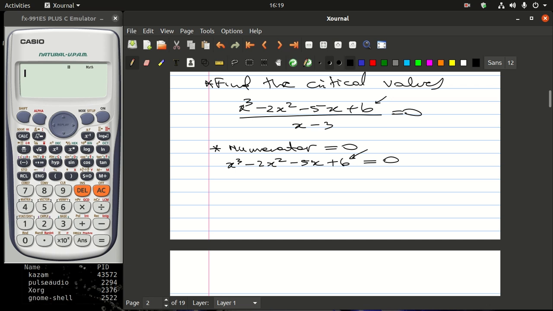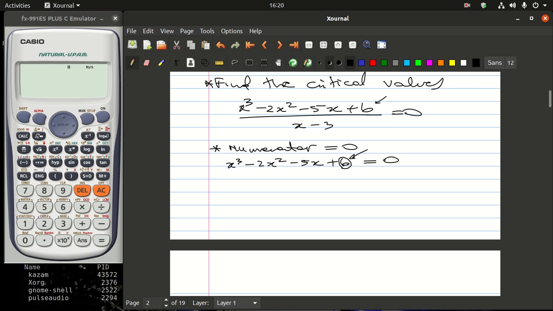Factorization by inspection is the same as the trial and error method or the K method, and the second one was synthetic division or long division. Now what we will use here is synthetic division because it's shorter compared to inspection. How does it work? First, you look out for the factors of this.